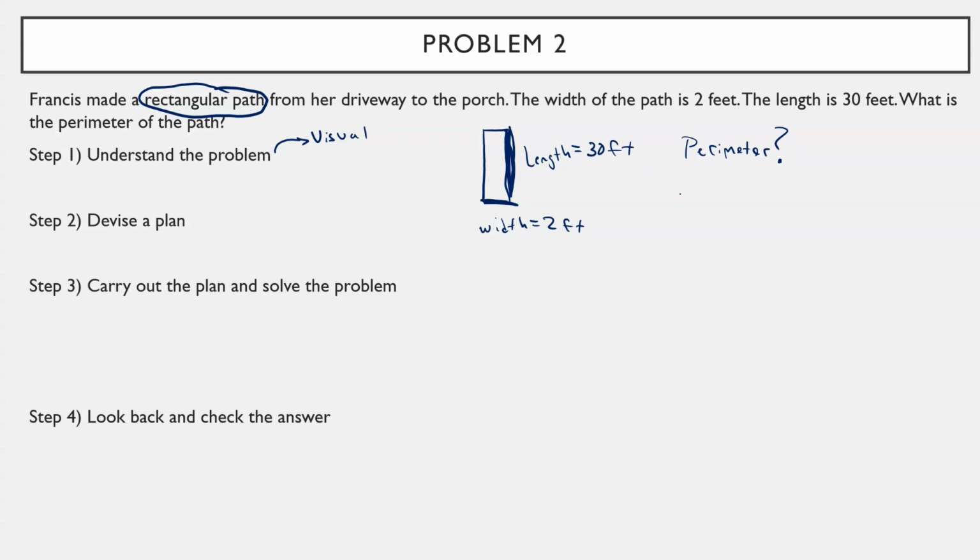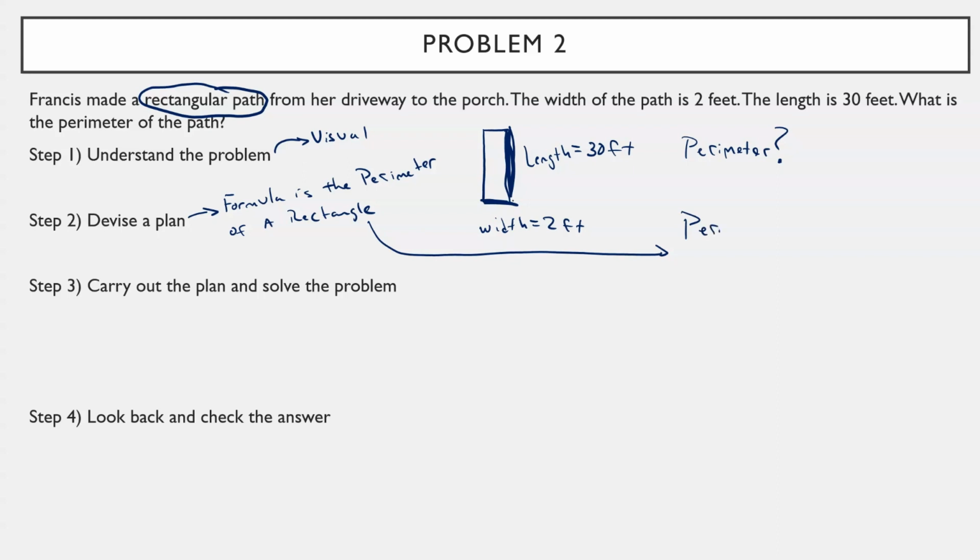So what you might want to do is you might want to look up, all right? And when we go to devise a plan, the formula we're going to need here is for the perimeter of a rectangle. So what is that formula here?